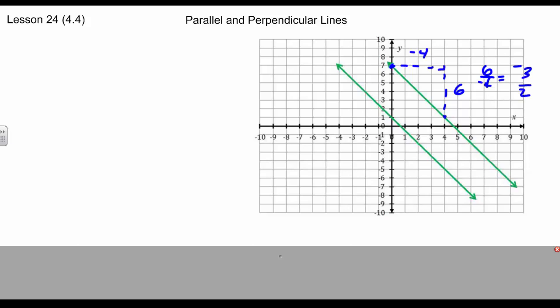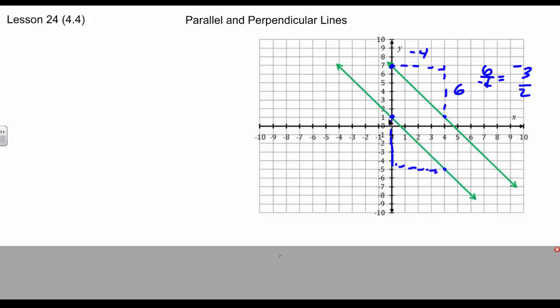Now let's look at the other line. I notice once again it goes through a point here, and let's find another exact point that it goes through, right around here. And you'll notice if I go from one point to another, I go down this far and over this far.